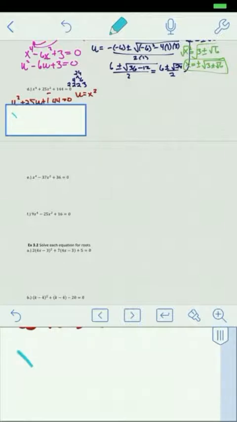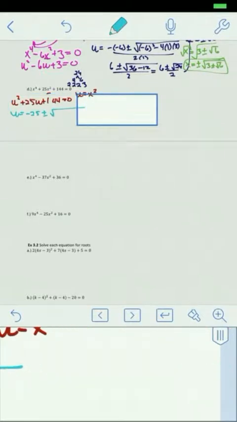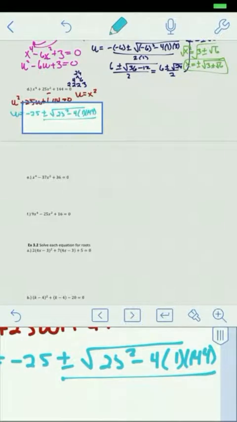So u equals minus b plus or minus the square root of b squared minus 4ac, all over 2a.